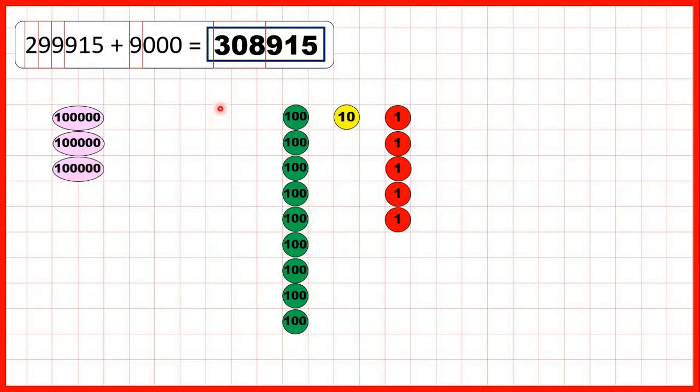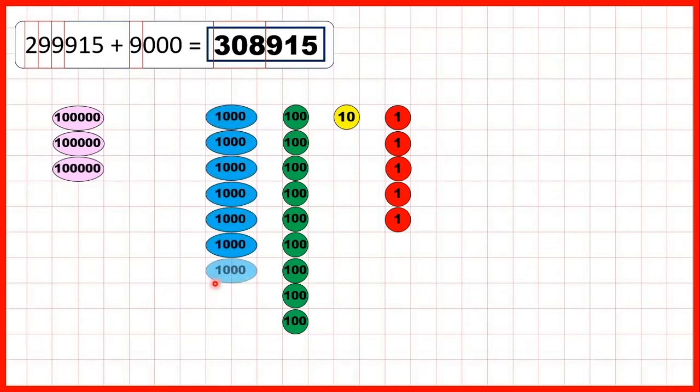So that was just adding 1,000. So we need to add 8 more thousands. And that gives us 3 100,000s, no 10,000s, and 8 thousands. So that's why we have 308 in the digits that we've highlighted, because of course our hundreds, tens, and ones have stayed the same.